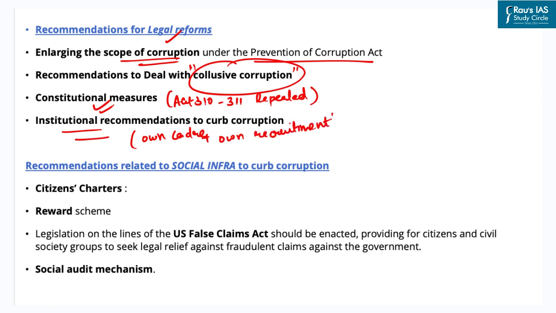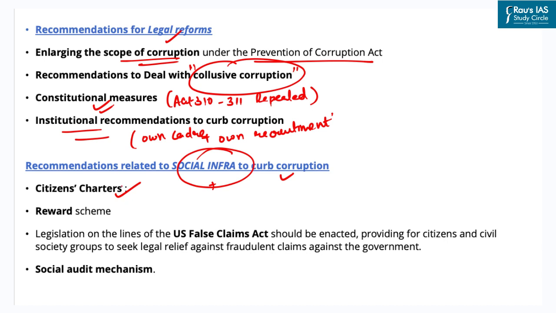Apart from the legal reforms, the Second ARC has also made recommendations regarding changes in the social infrastructure to curb corruption in India. The first of the recommendations among this is the change in the citizen charter. Citizens should be involved in the assessment and the maintenance of government institutions and offices.